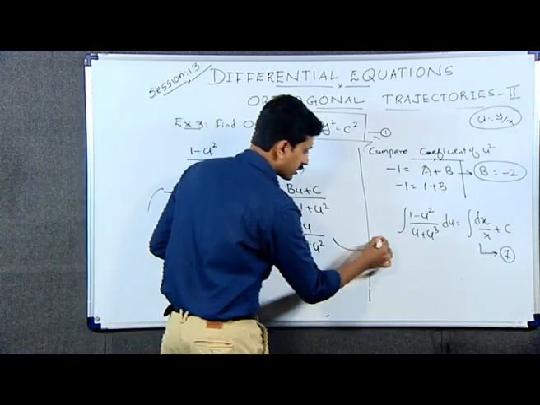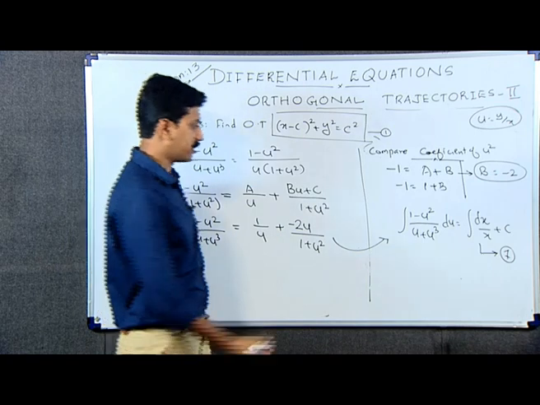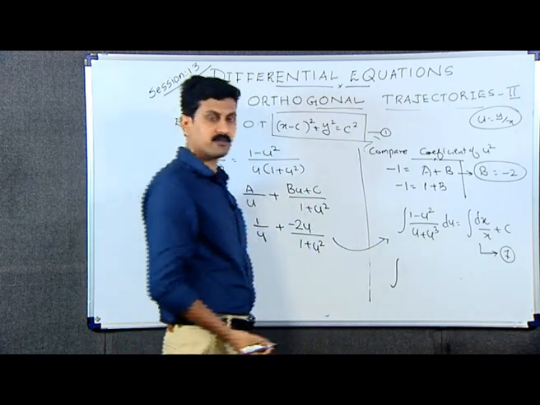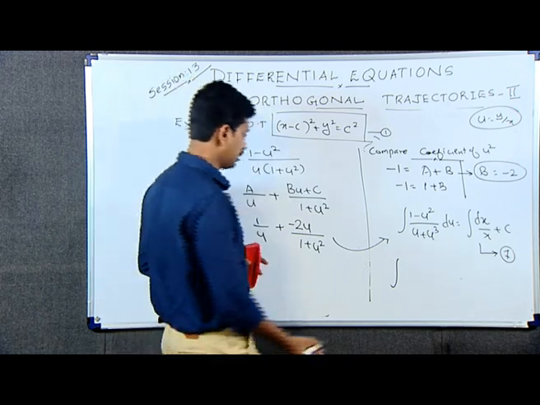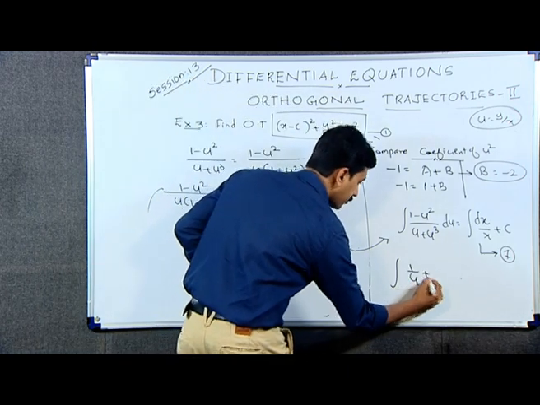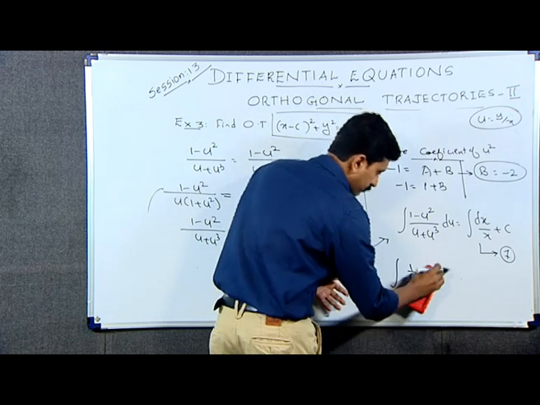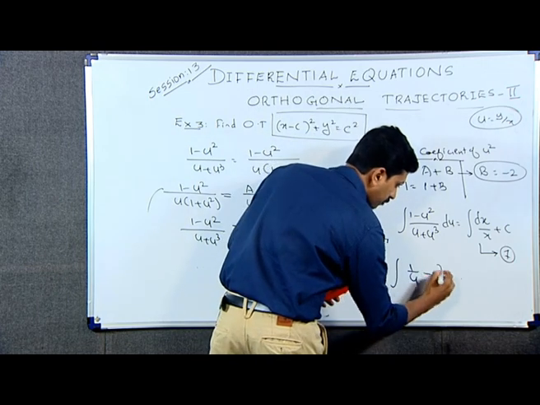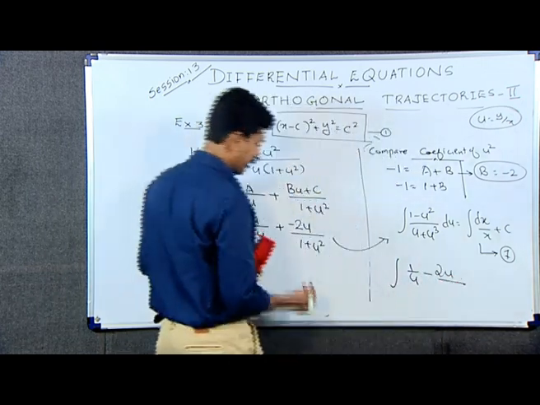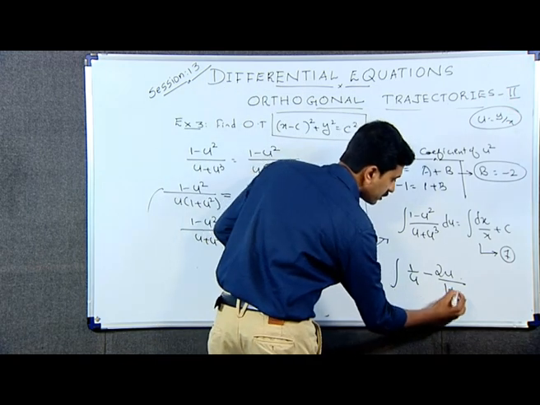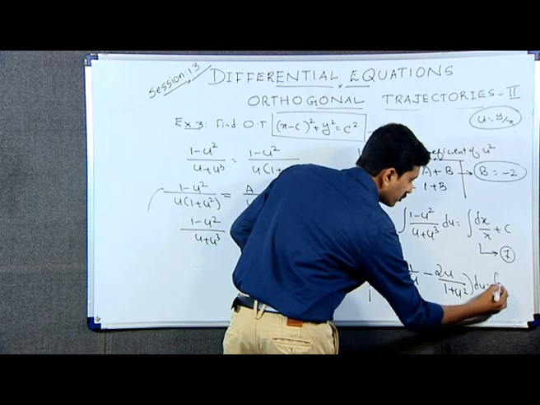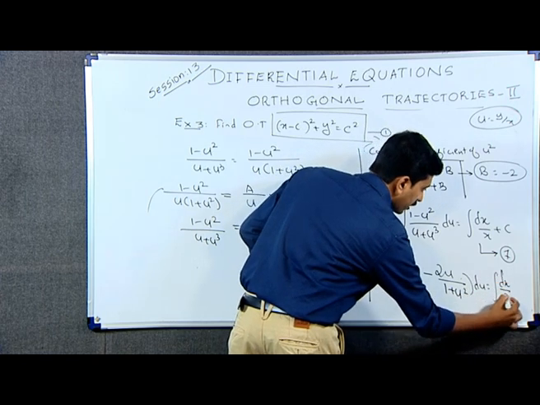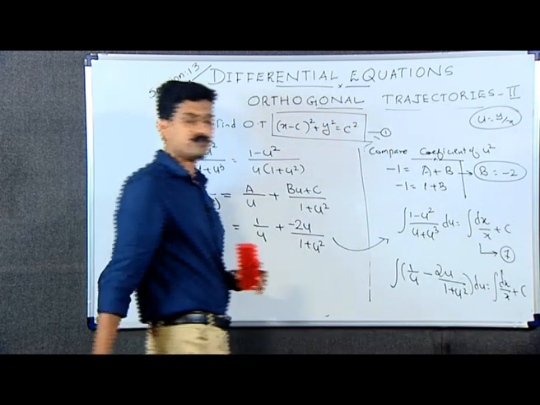So in equation 7, the integral of 1 minus u square divided by u plus u cube becomes the integral of 1 by u plus minus 2 u divided by 1 plus u square du, equal to the integral of dx by x plus c.